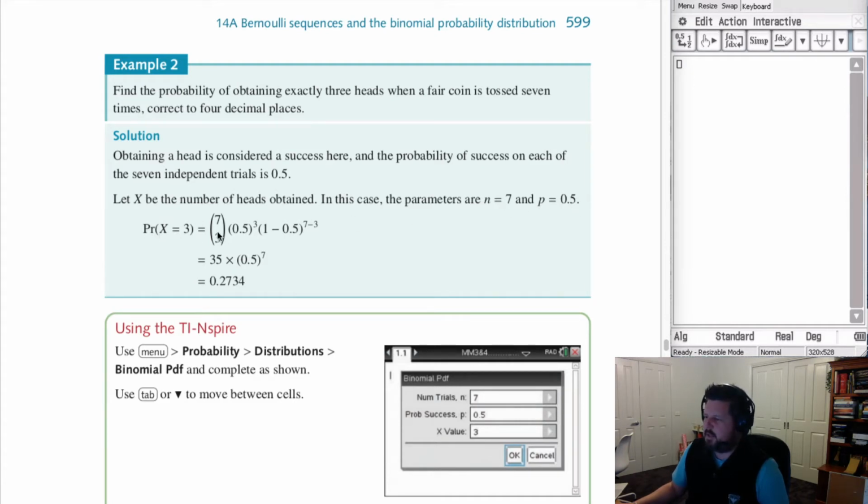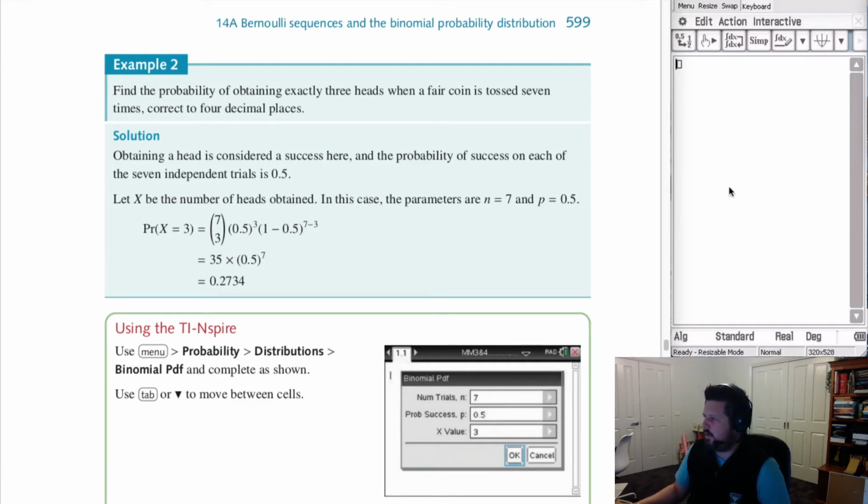So plugging these things into the formula, we've got n choose x, p to the power of x, multiplied by 1 takeaway p to the power of n takeaway x. Running that calculation, we get 0.2734 correct to 4 decimal places.